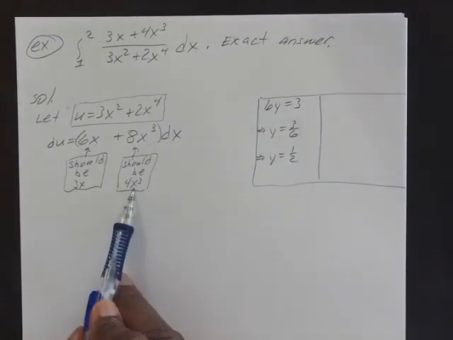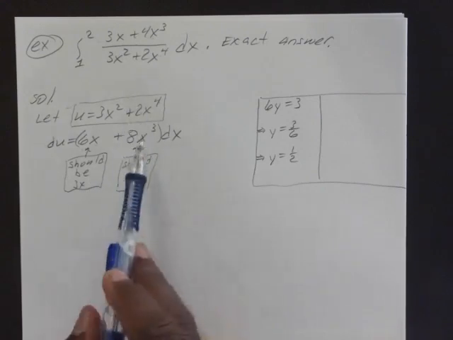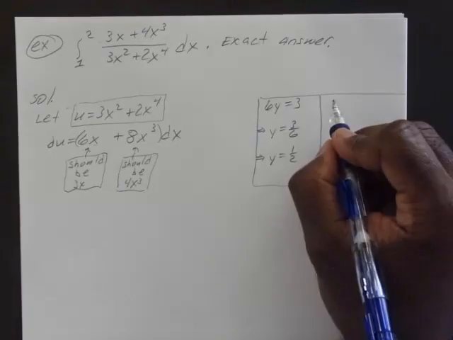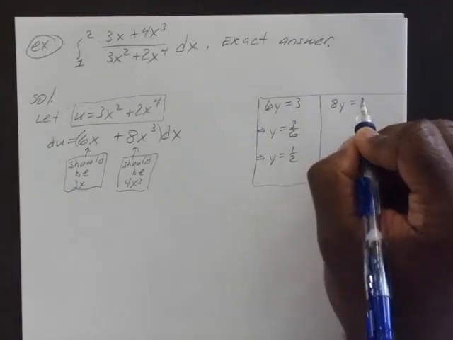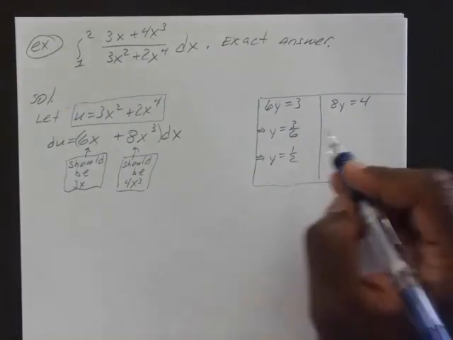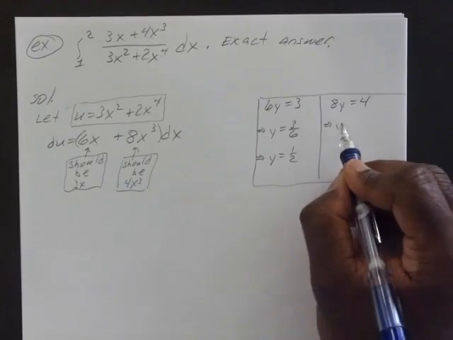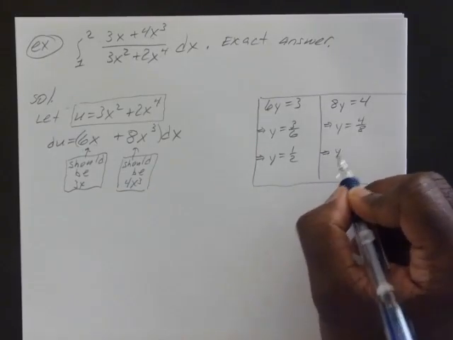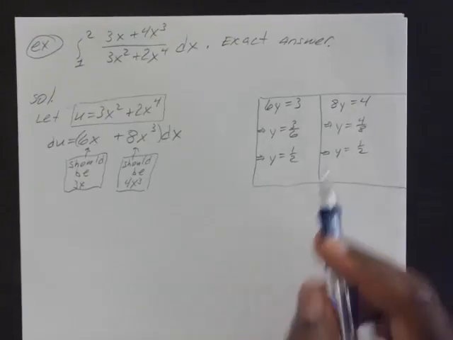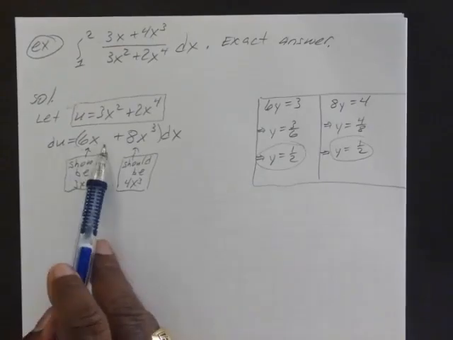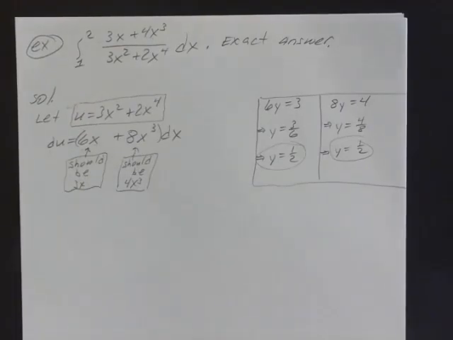It should be 4x to the third power. So what number can we multiply by 8 to make it 4x to the third power? So we'll say 8 times y equals 4. So if we divide both sides by 8, we have y is equal to 4 over 8, or just y is equal to 1/2. So again, these two match up, and we can just multiply both sides of the du by 1/2.